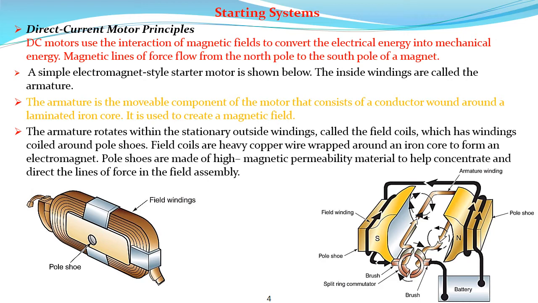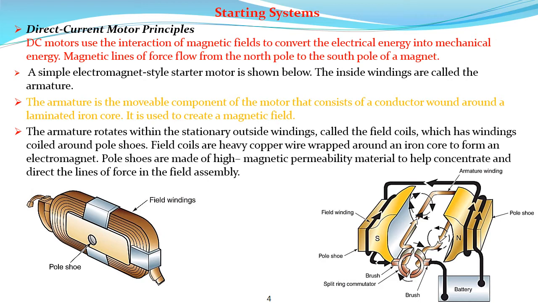Field coils are heavy copper wire wrapped around an iron core to form an electromagnet.